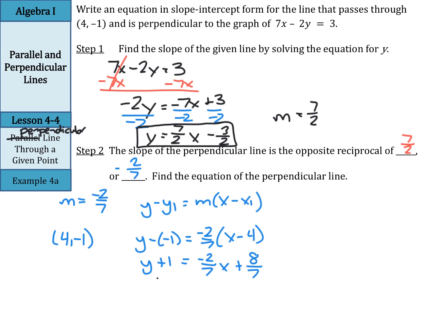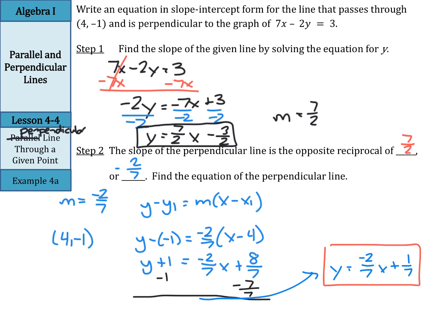So let's subtract 1 from both sides, and subtracting 1 is the same thing as subtracting 7/7, which leaves us with the equation. I'm going to go ahead and write it over here so we have some space. y equals negative 2/7 x plus 1/7. And that is my solution. We have the opposite reciprocal slope, and we're good to go.